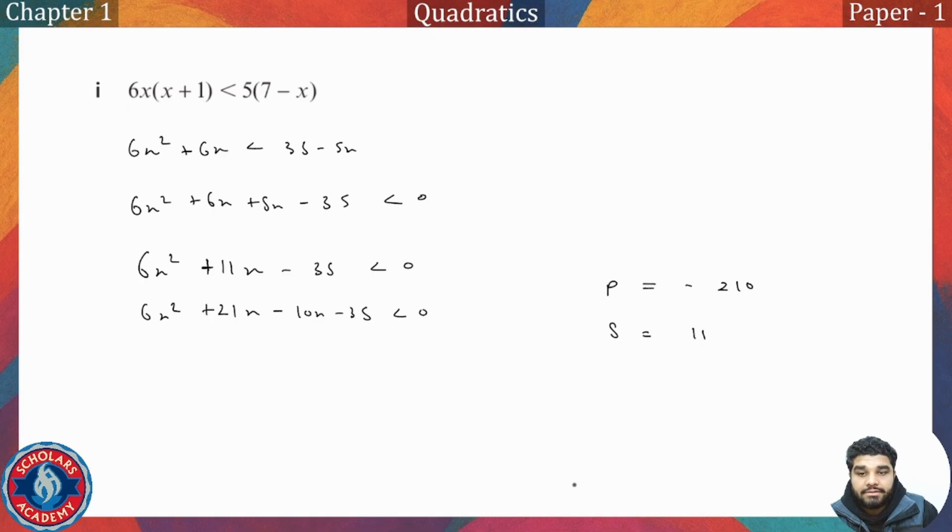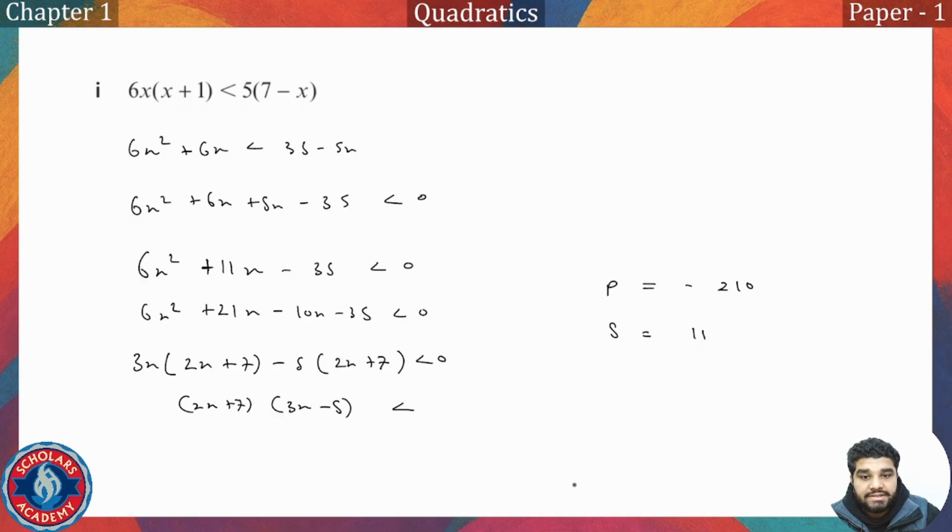If we take common, 3x, 2x plus 7 and minus 5, 2x plus 7 is less than 0. So 2x plus 7 and 3x minus 5 is less than 0.